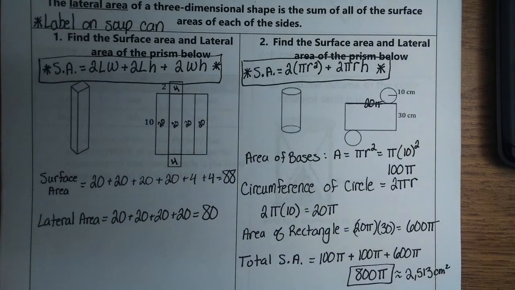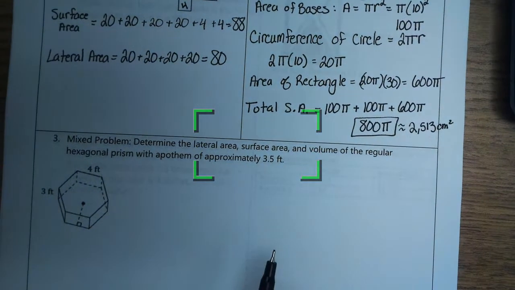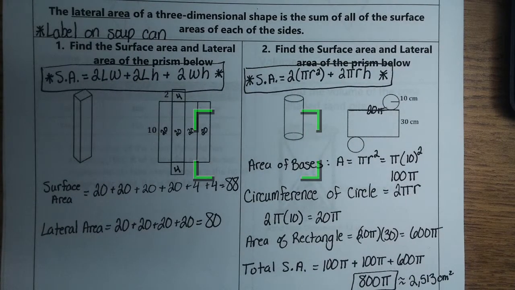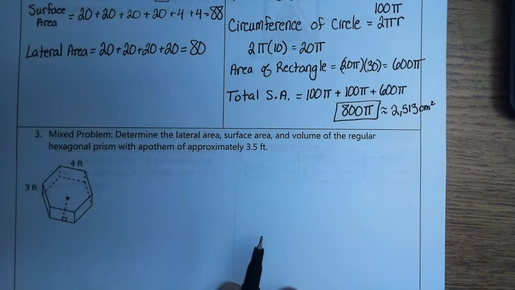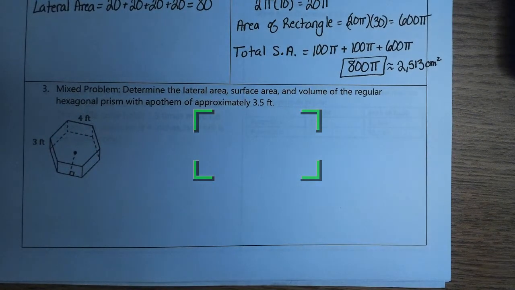Okay. So moving on from numbers 1 and 2 down to number 3. Determine the lateral area, surface area, and volume of the regular hexagonal prism with apothem of approximately 3.5.